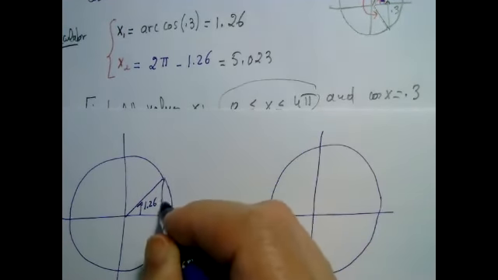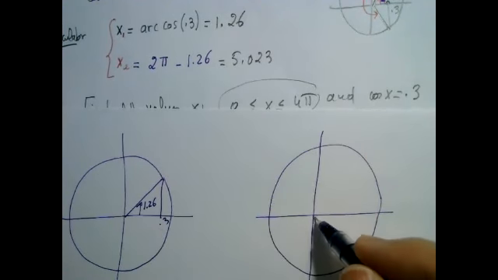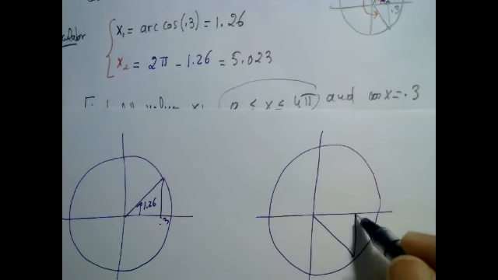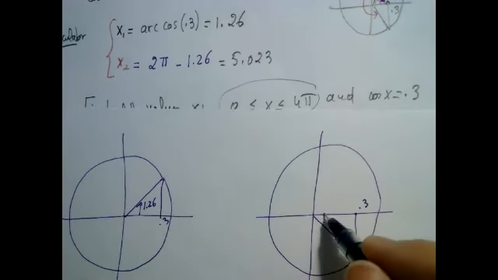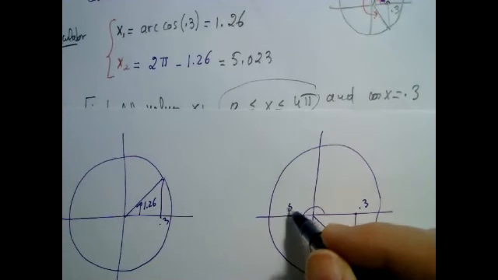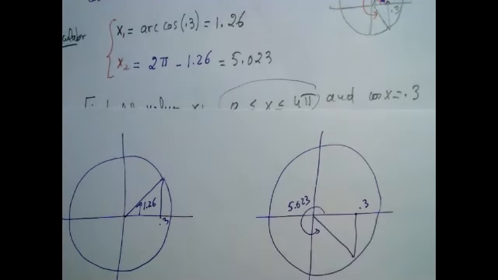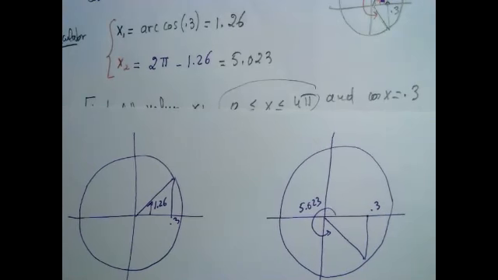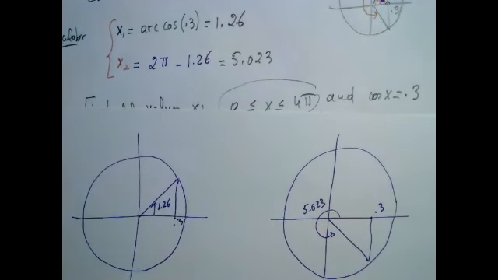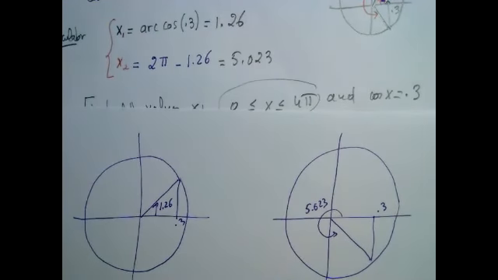So this one is 0.3, and I found another one here, 0.3, and this one was 5.023. Both angles are between 0 and 2 pi. Now, who can give me more angles? Who can give me another angle? Not this one and not that one. Who can give me more angles?